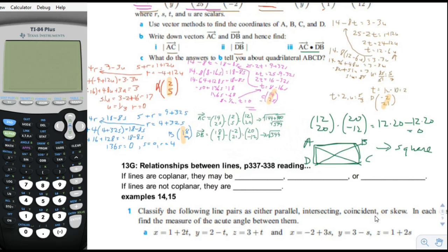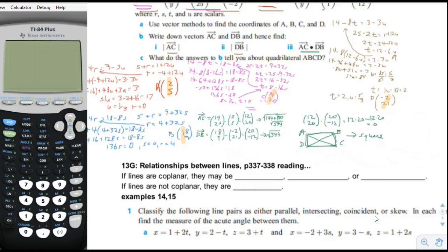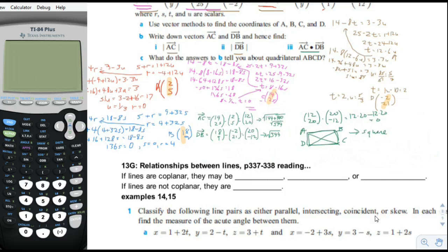Because it's got to be some kind of rhombus if the diagonals are at a right angle to each other. But not only that, they are the same length. So if they're the same length, it's not just any rhombus. It's a special rhombus. It's a square. Okay, so that's the answer to C.